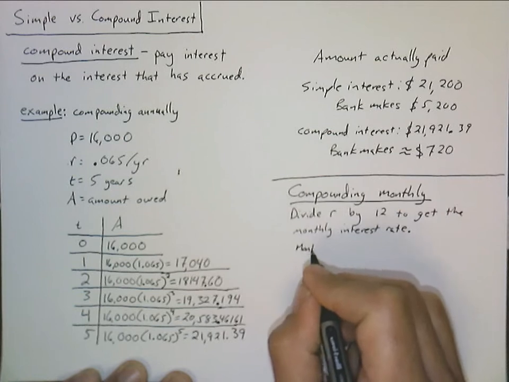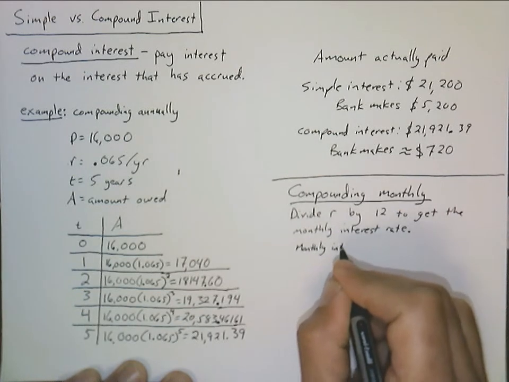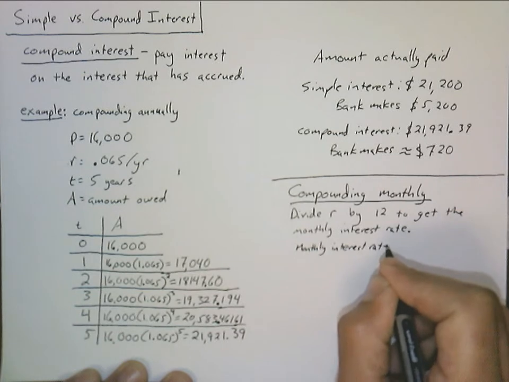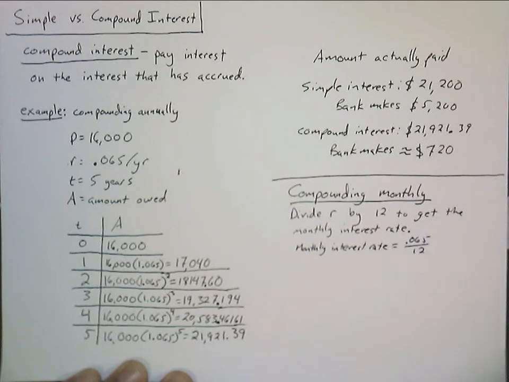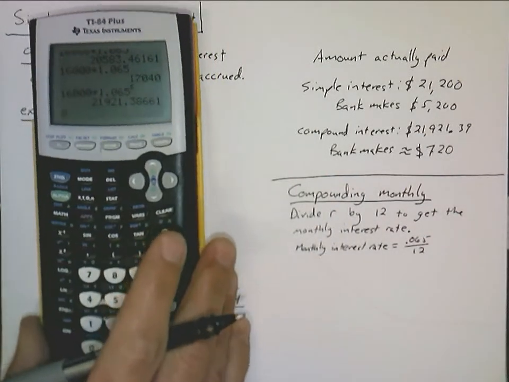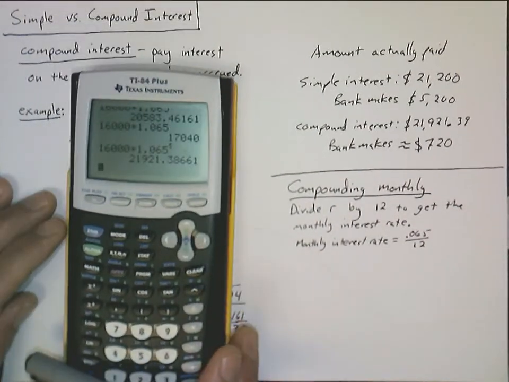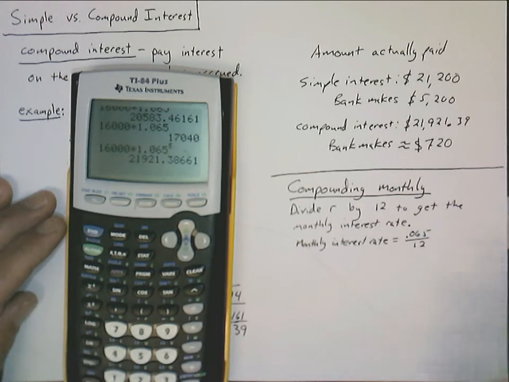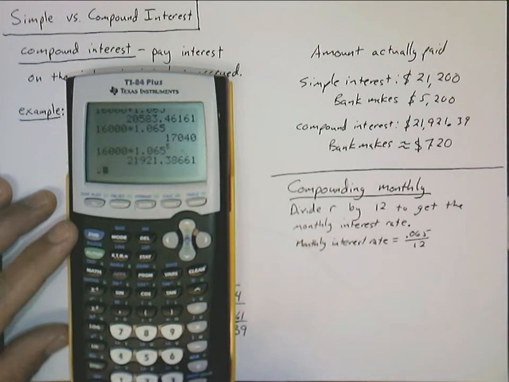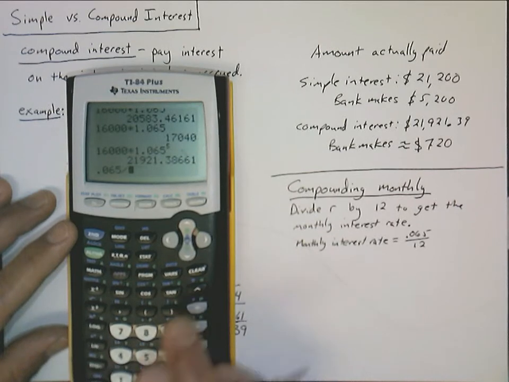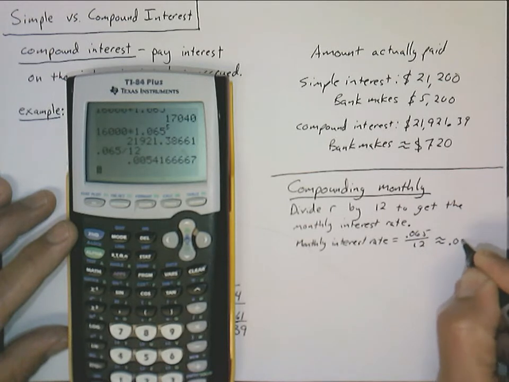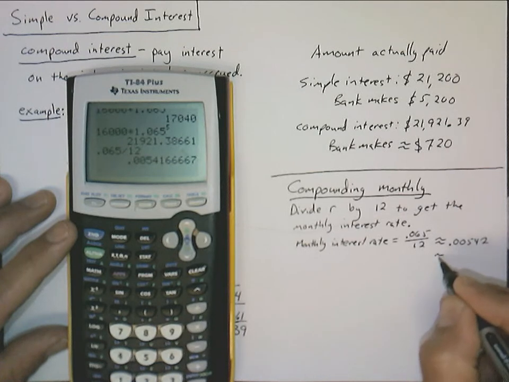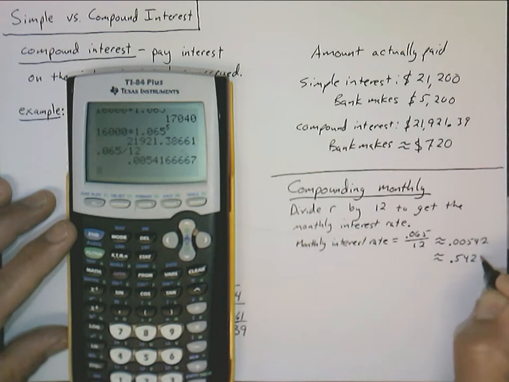So now the monthly interest rate is going to equal 0.065 divided by 12. Doesn't really matter what that actual amount is, because we can just type this expression into the calculator. But just to be sure, 0.065 divided by 12 is approximately 0.00542, or about 0.542%.